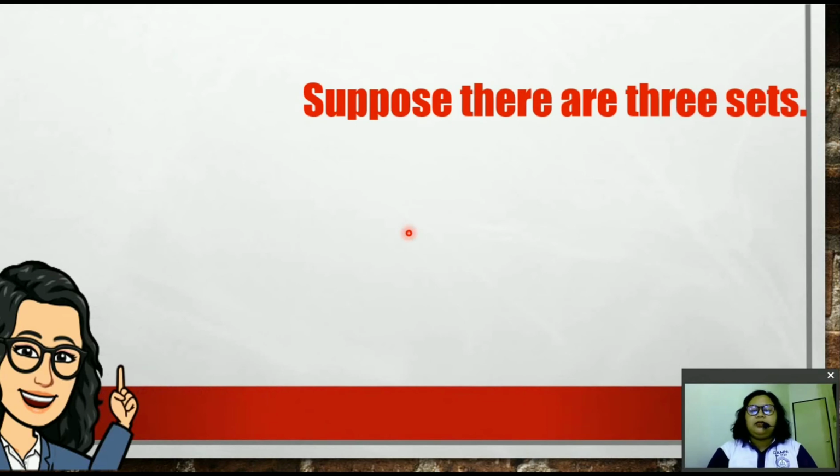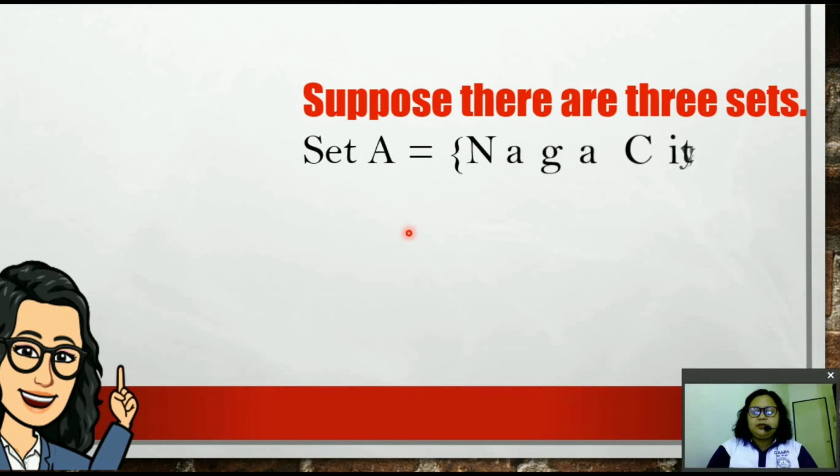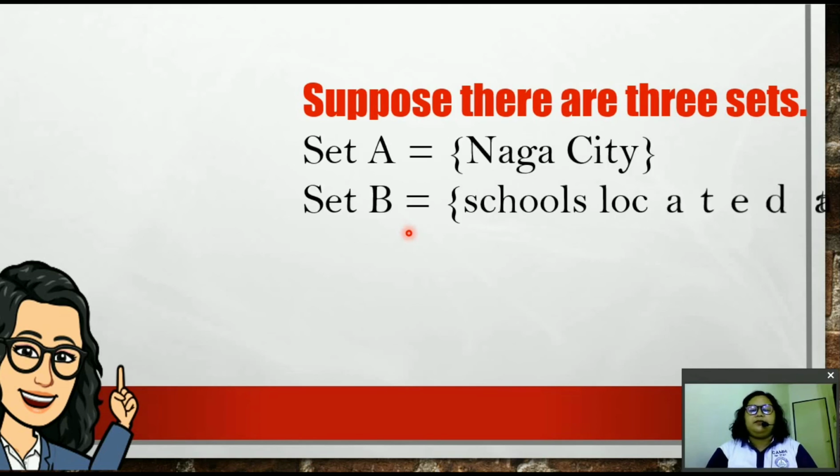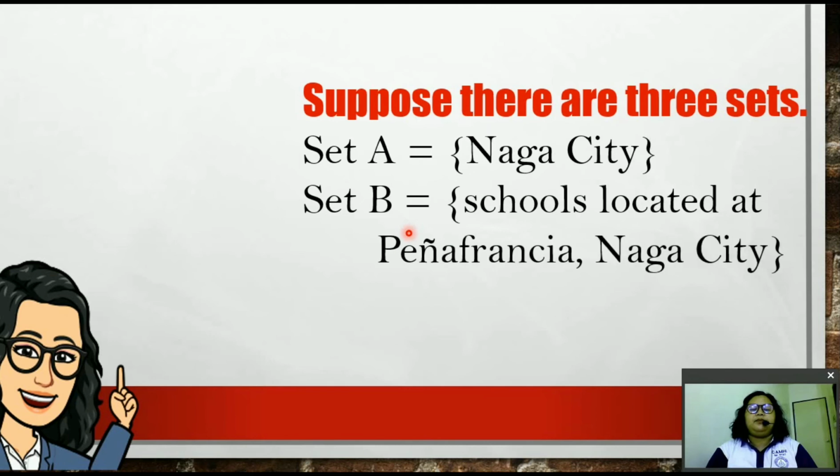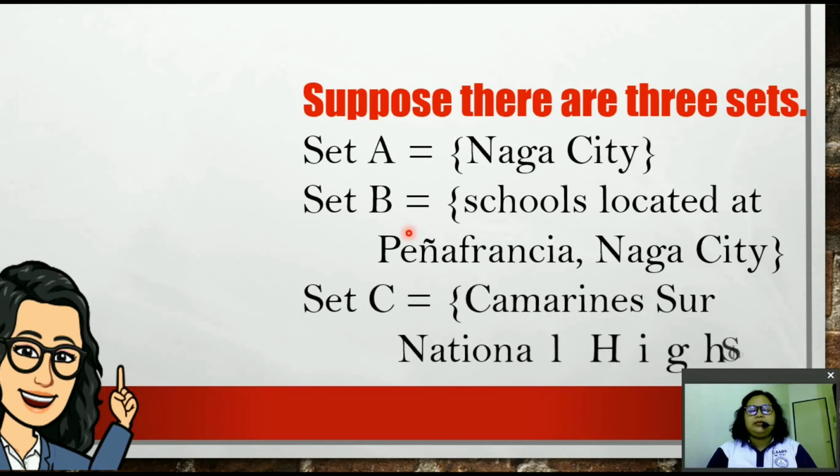Okay, let's start the lesson with this one. Suppose there are 3 sets. We have here set A, Naga City. Set B, schools located at Peña Francia, Naga City. So what are the schools? Think of it. Set C, we have here the Camarines Sur National High School.